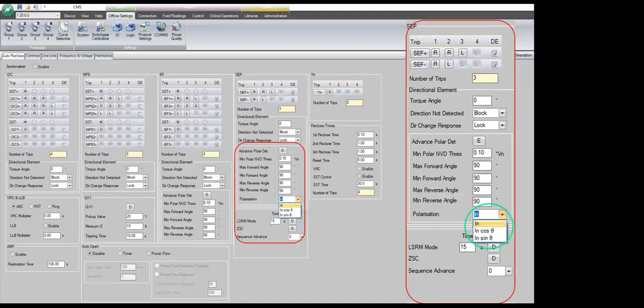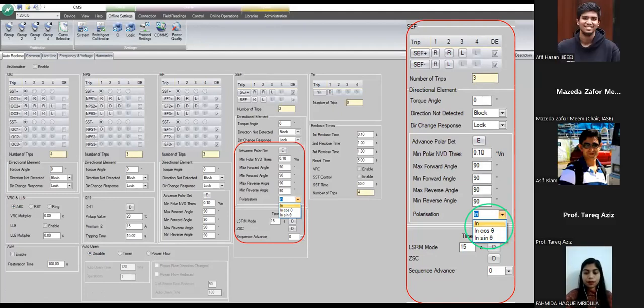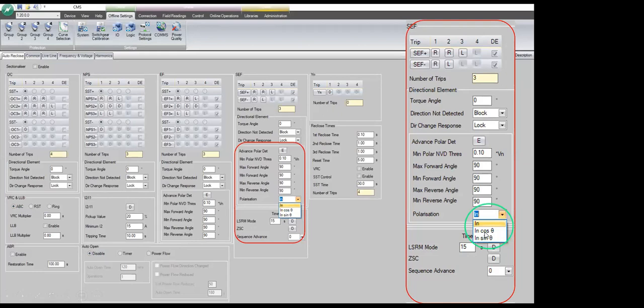You can see how we have inserted the provision of setting the forward and reverse angles. So far, we were working only with the neutral current as the polarizing factor. But as an extension of this feature, we have also included the provision of using the cos theta part and sin theta part of the neutral current.